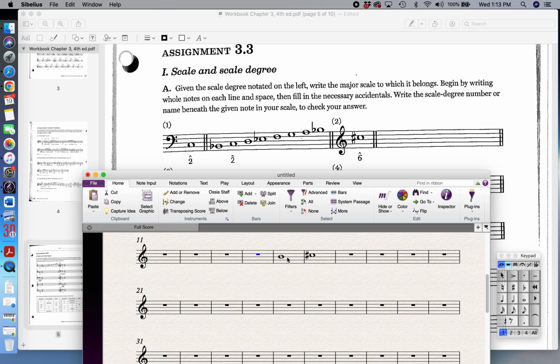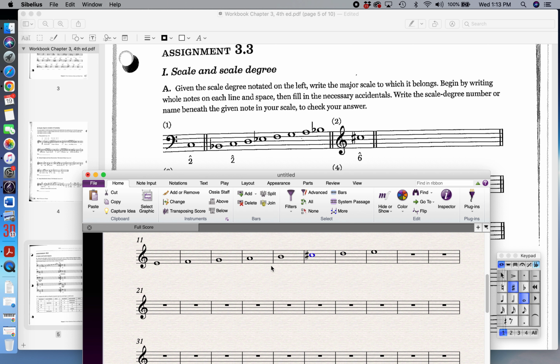One, two, three, 4, 5, 6. So I'm going to go there. Okay, so I've got 5 notes before it. That makes that the 6th. And then we've got to finish it out. 7, 8. Now, I have my generic scale, okay, with my C sharp in there.